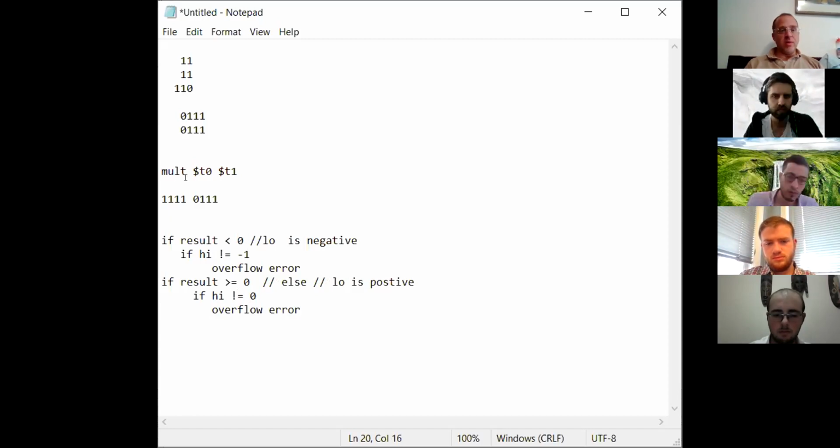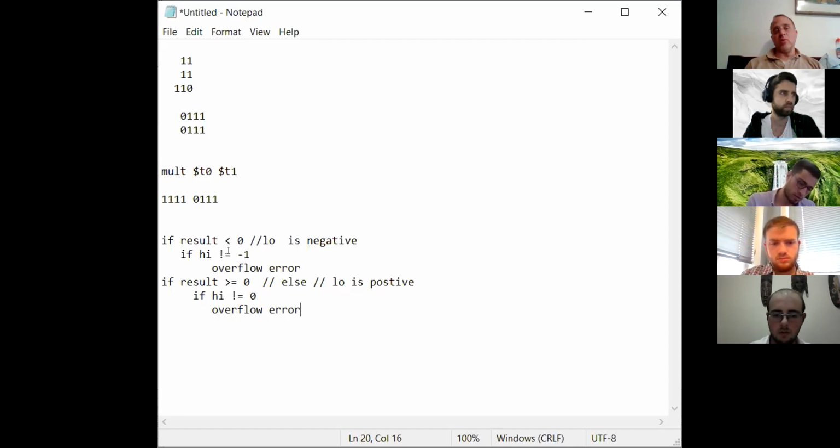You're going to multiply the numbers and then check the low and check the high for these cases. And if you have an error, you're going to print error. No other algorithm that I can think of works as well. You could try.